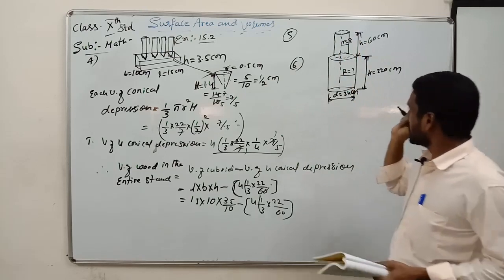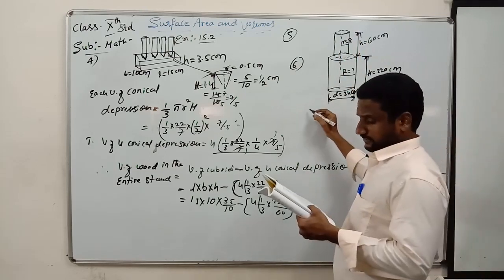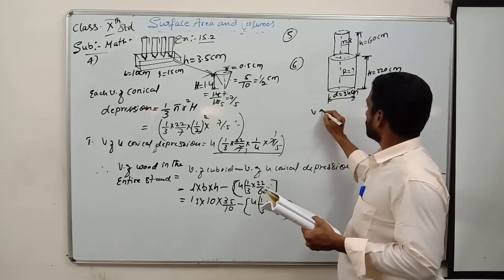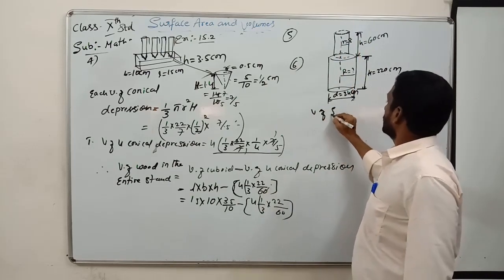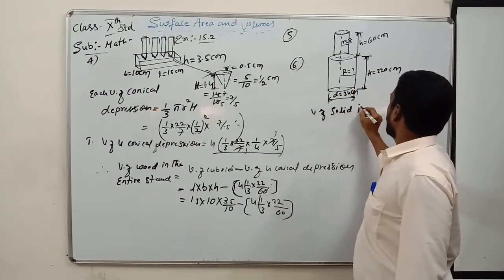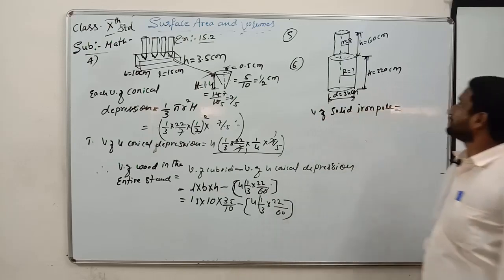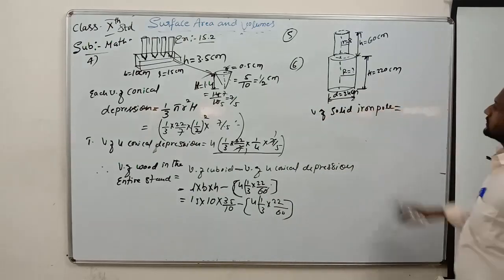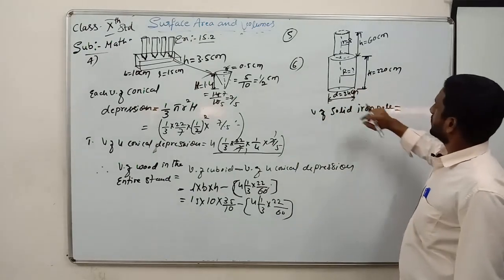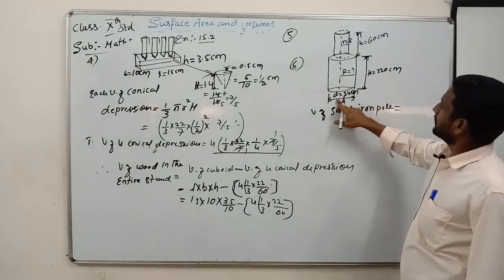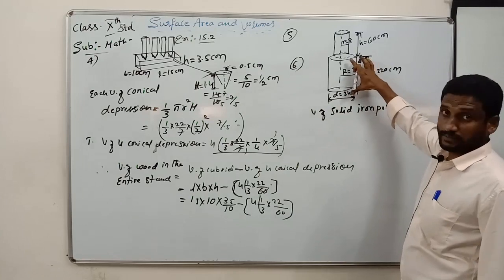So how to calculate here? The volume of the solid iron pole is equal to... This height we know is 220 centimeter, but the diameter is given and the radius is not given for the bigger cylinder.